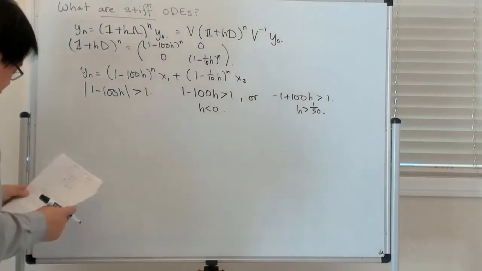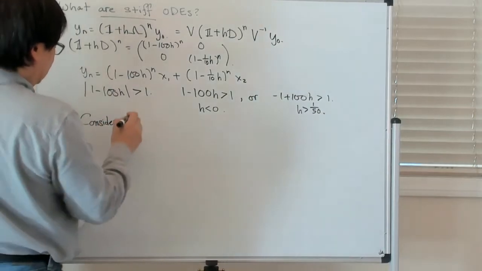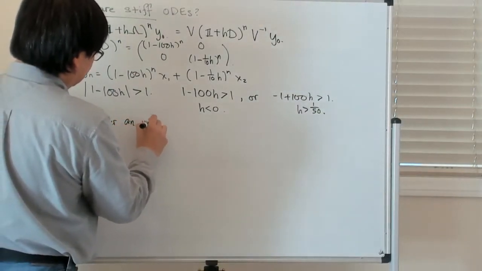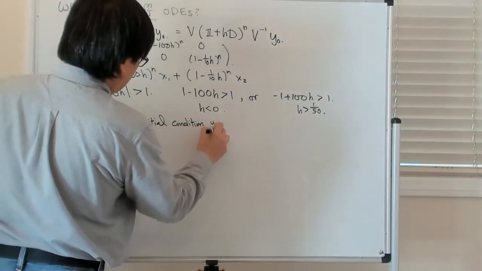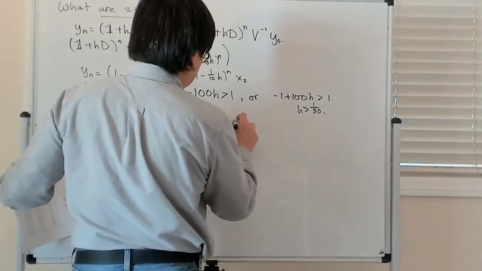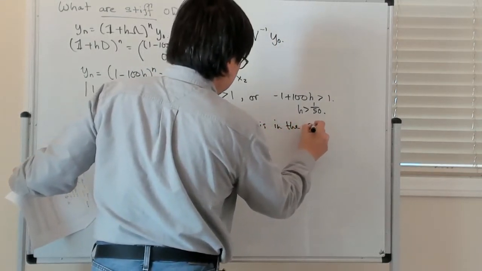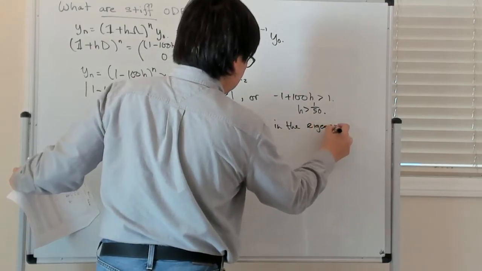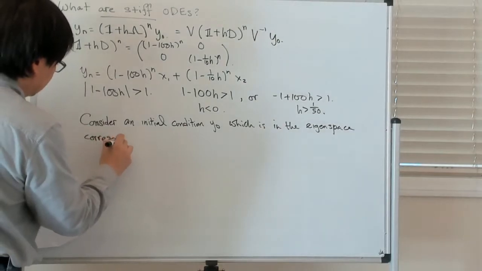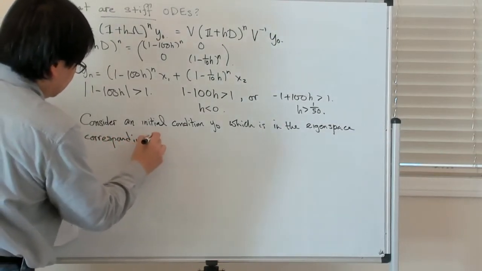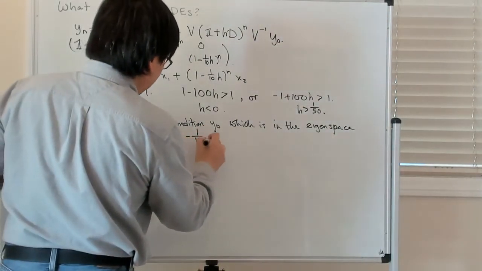Okay, so let's consider what happens with an initial condition y0 which is in the eigenspace corresponding to the minus 1/10 eigenvalue.